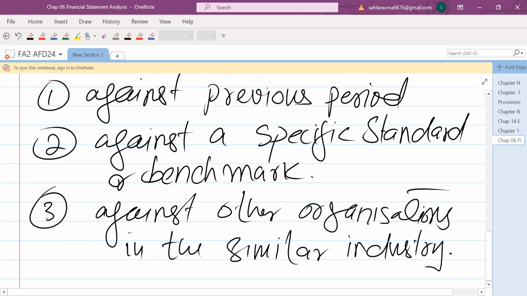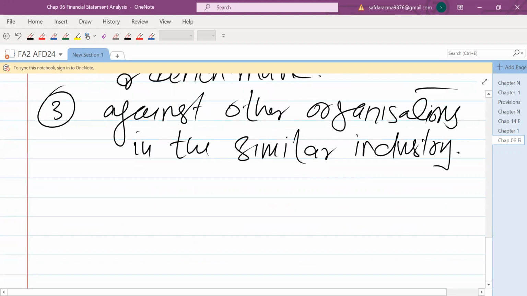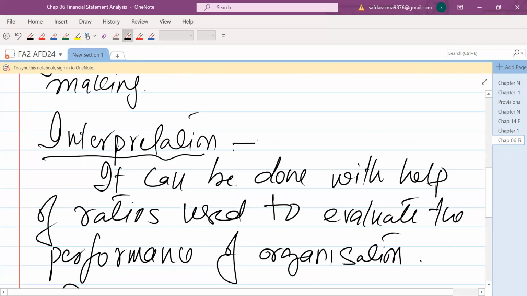These are the ways to evaluate the performance of the organization. And the interpretation for this is in case of a business organization.